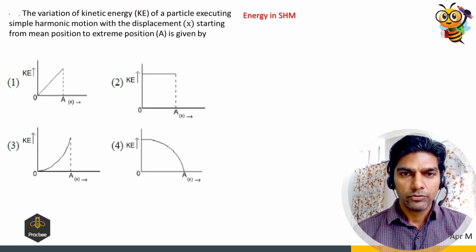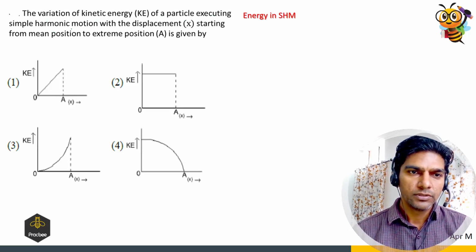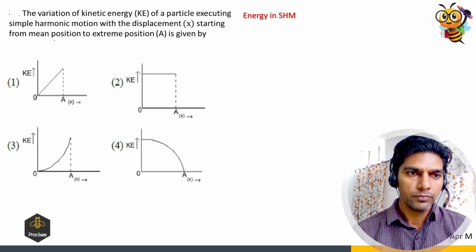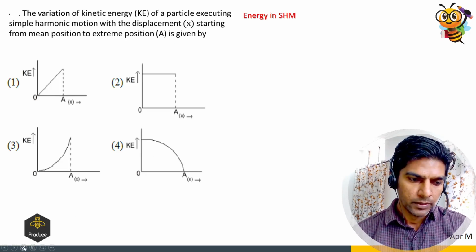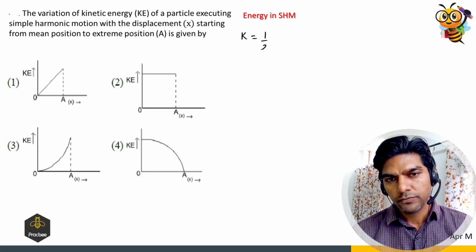Now let us see the question based on the graph from the same problem type. The variation of kinetic energy of the particle executing simple harmonic motion with the displacement x, starting from the mean position to the extreme position. In this case kinetic energy is given as half times the force constant times (a square minus x square).